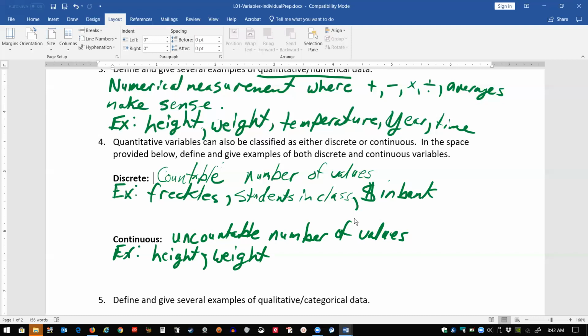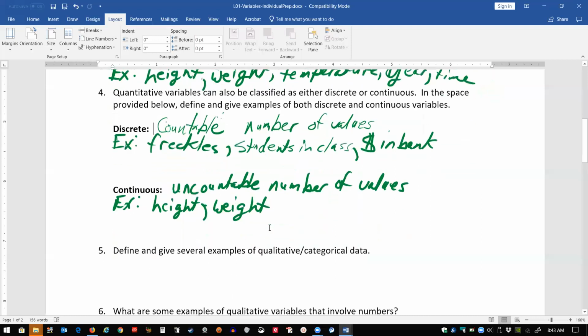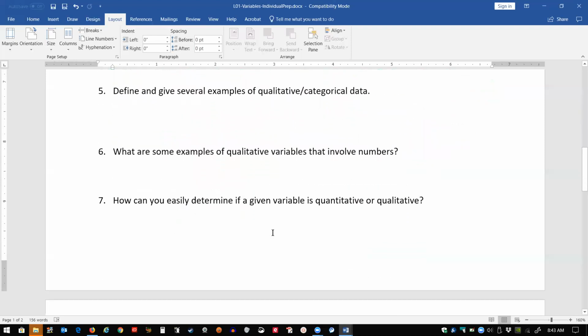So again, discrete and continuous only apply to quantitative variables. Now, there are a lot of variables that are not quantitative, variables where an average does not make sense. We call these variables qualitative or categorical. They're talking about qualities or categories.